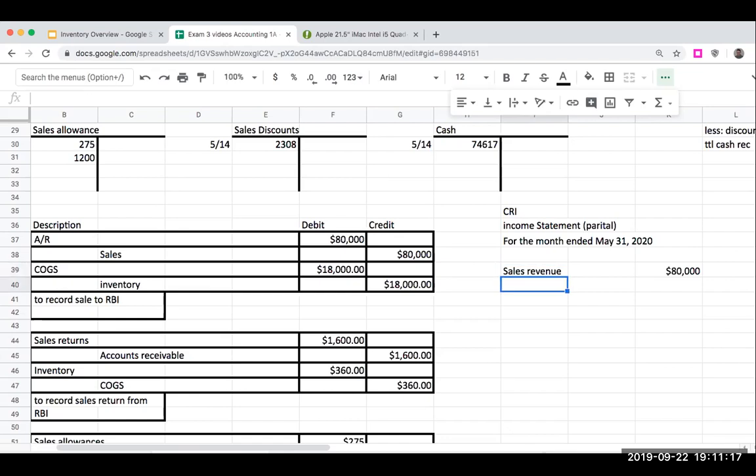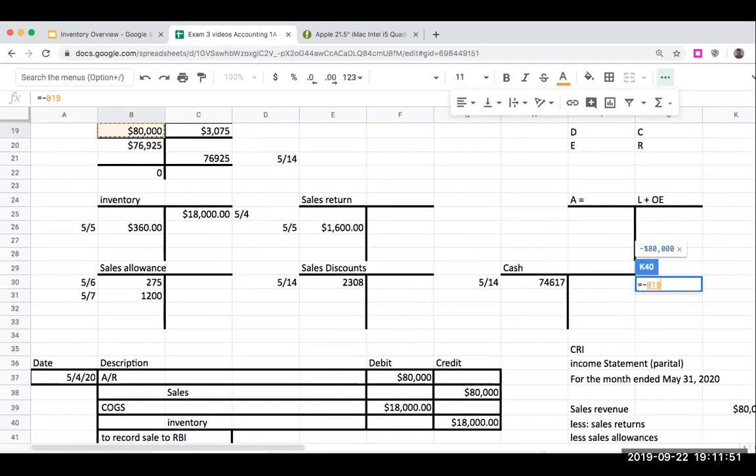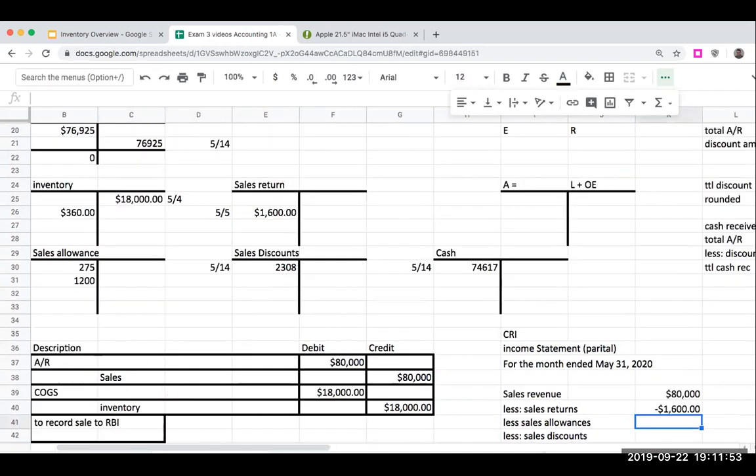Here I'm going to take my sales, less sales returns, less sales allowances, and then less sales discounts, which will give me my net sales. Right over here, my sales returns, and again, I'm showing this as a negative amount because it is a contra revenue account. So my sales returns right here were 1,600.